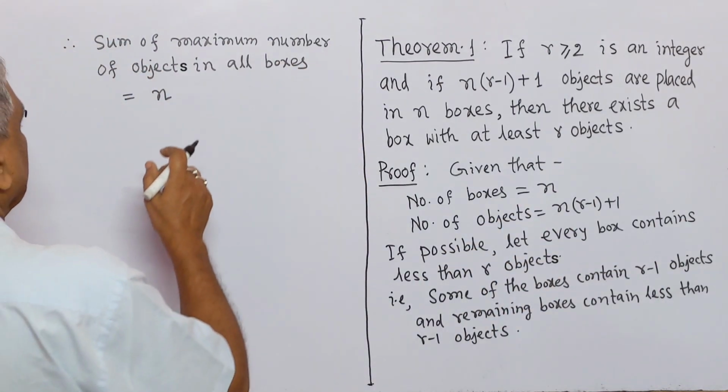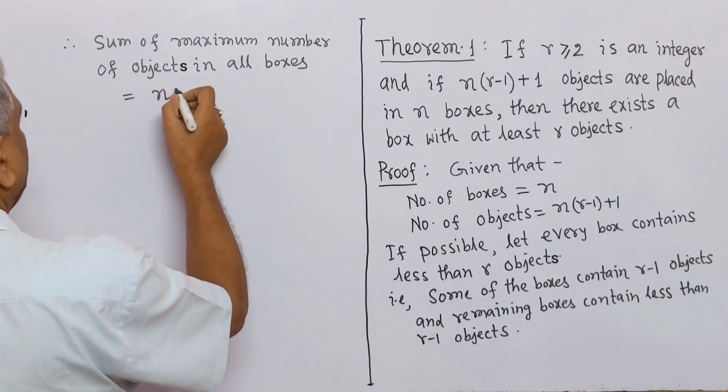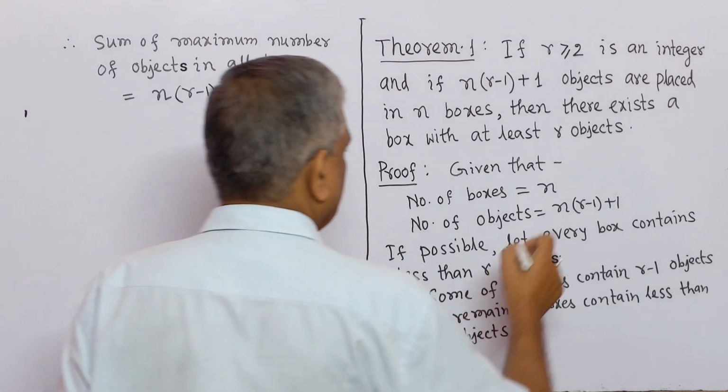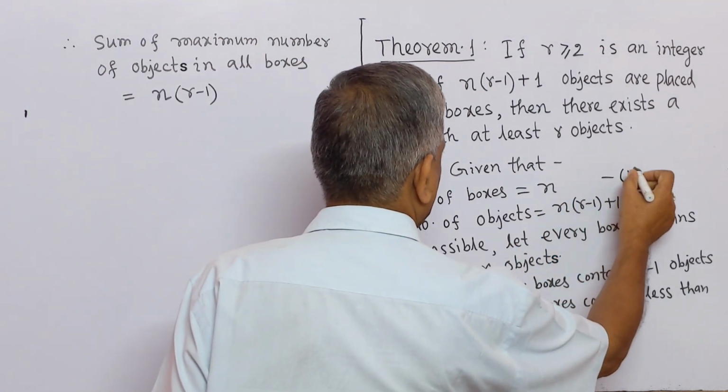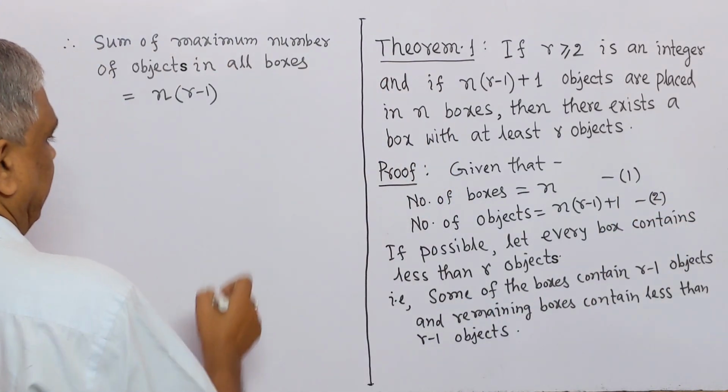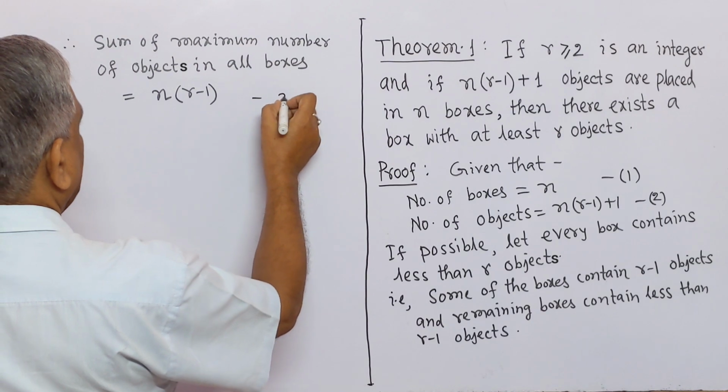So this will be n multiply (r minus 1). Let this is number 1, this is number 2, and this is number 3.